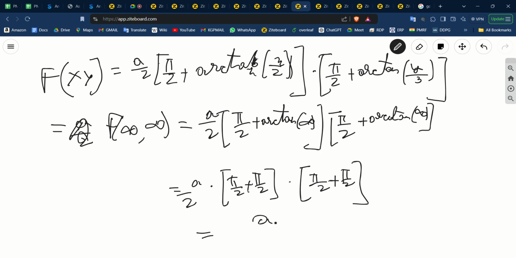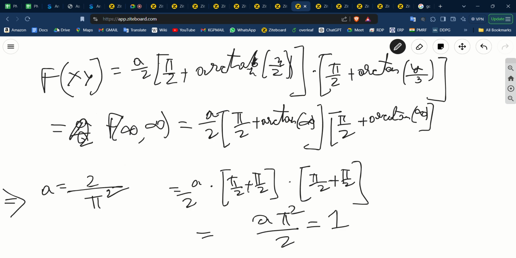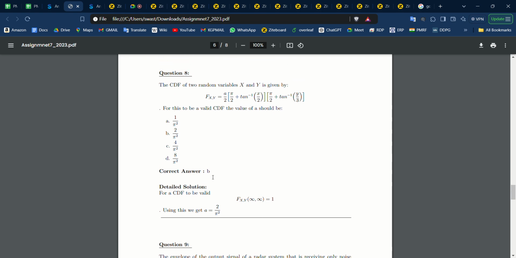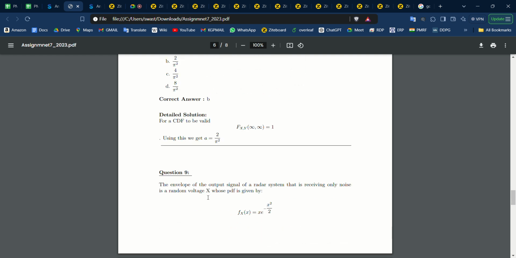So A pi square by 2 is equal to 1, which implies A equal to 2 over pi square. That is the answer: 2 over pi square. So option number B, 2 over pi square.